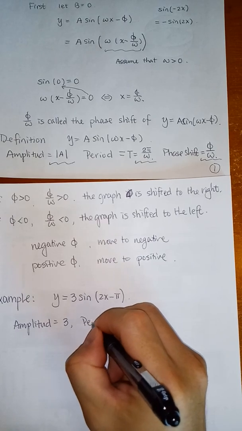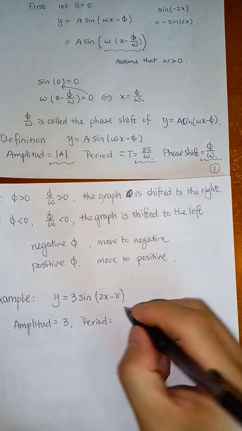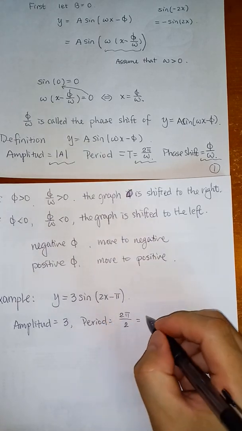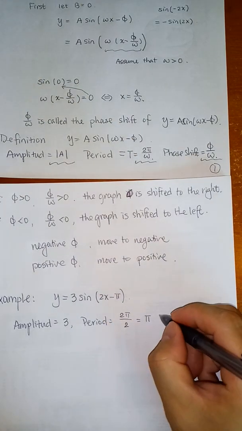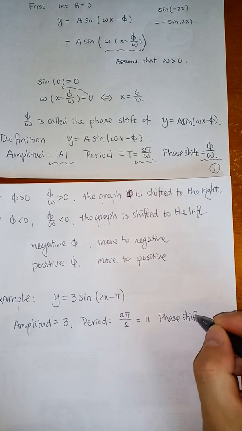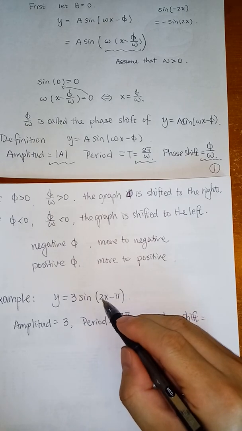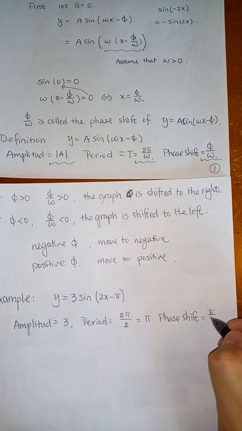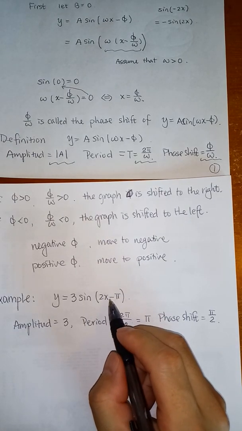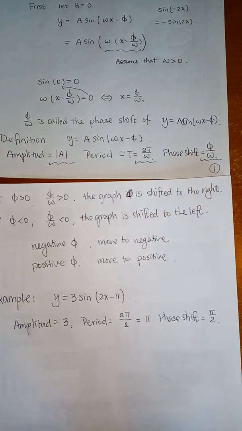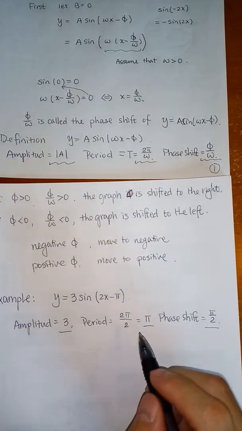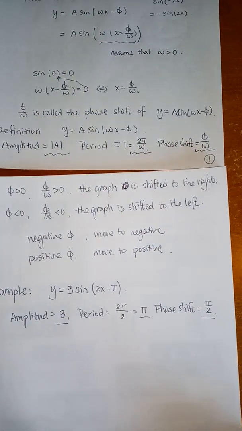The period is 2 pi over the coefficient. The coefficient is 2, so 2 pi over 2 is pi. The phase shift is phi over omega, which is pi over 2. Be careful, it's always subtraction. If it's addition, you have to write minus minus. So these are the three quantities: the amplitude, period, and the shift.